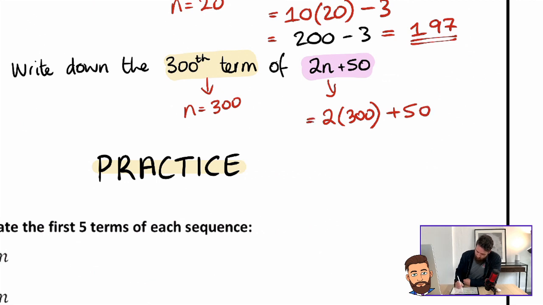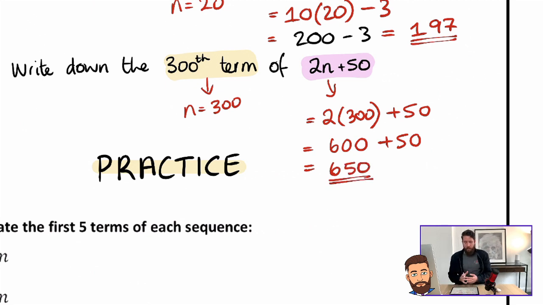Well, what does that equal? 2 times 300 would be 600. And then 600 plus 50 would be 650. So if I was looking at the 300th term of 2n plus 50, instead of having to work out every term and add on 2 in this case, I can just bang it in and I get 650.